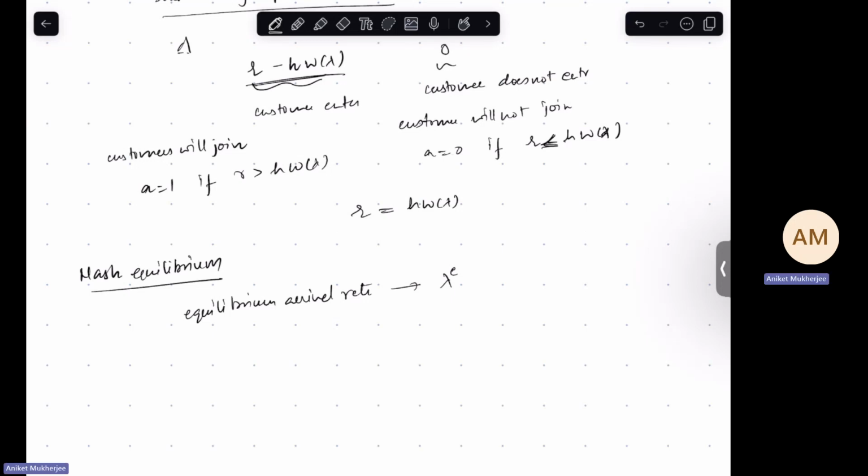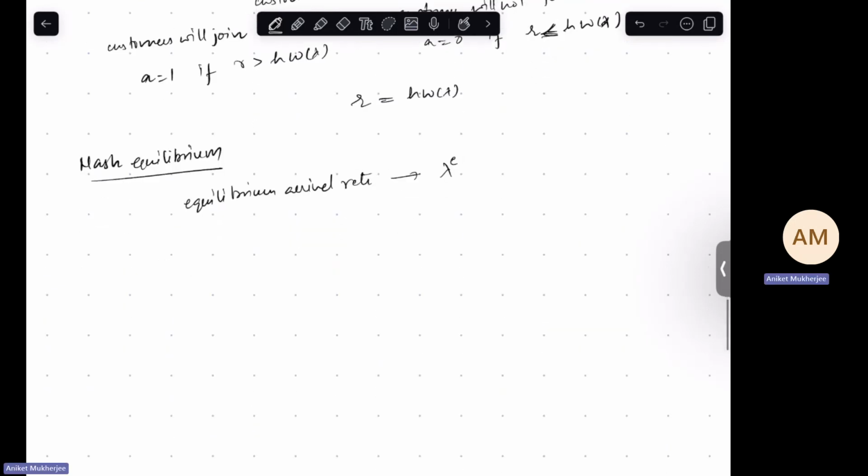But when R is greater than H W(0), then lambda E would be equal to A times lambda, which is the unique value. And if R is equal to H into W(lambda), then for this case it doesn't change much, but we'll come back to this in other different types of models.